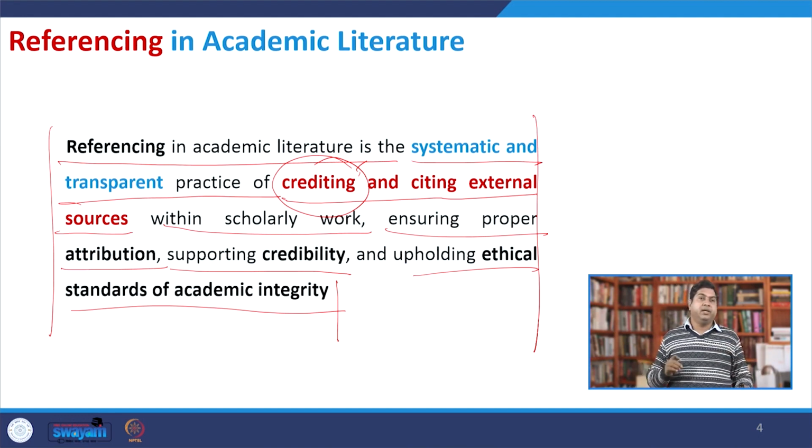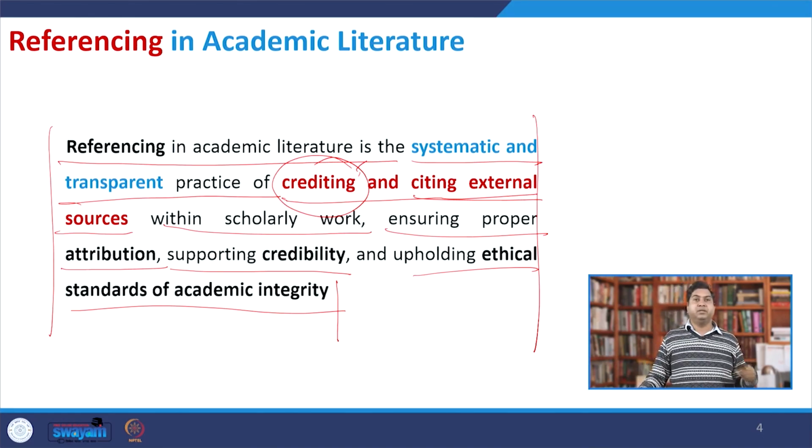So, it is my responsibility to give credit to that author, who inspired me or helped me to understand certain complex relationships among different factors which lead to tourism planning in that particular field. So you are citing them, ensuring proper attribution, and credibility.